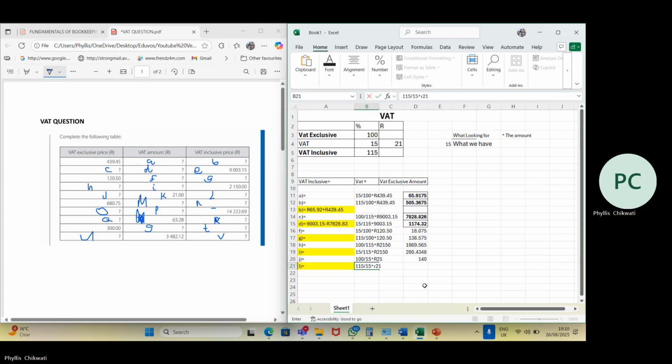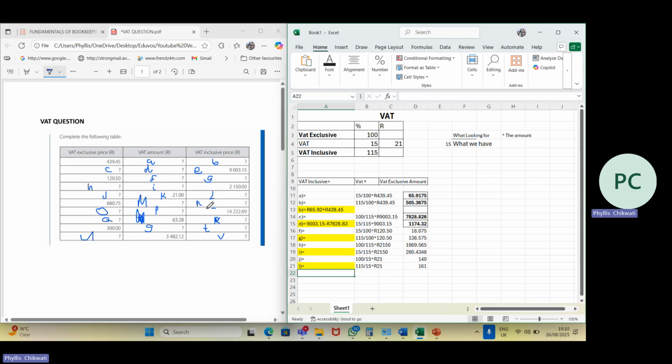Okay, so that should give you how much? Should give you 151 as your VAT inclusive amount. Let's move on to M.